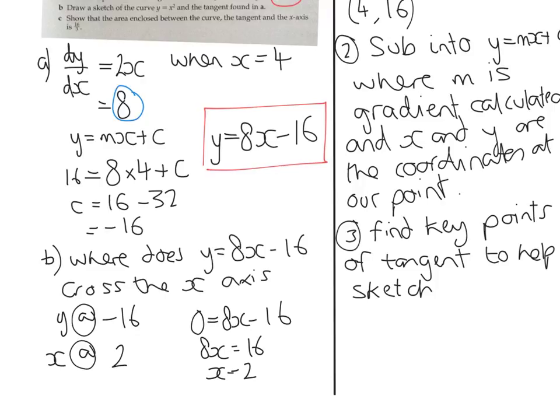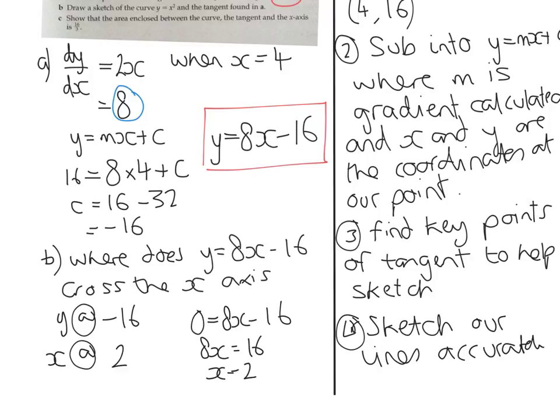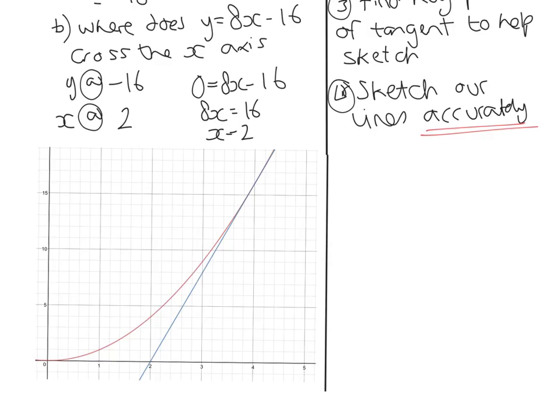Right, it's really important that you sketch these two, the curve and the straight line, accurately, because that's really going to help you work out what area you're looking at. So now we need to sketch our lines accurately. This is the bit you really need to pay attention to.